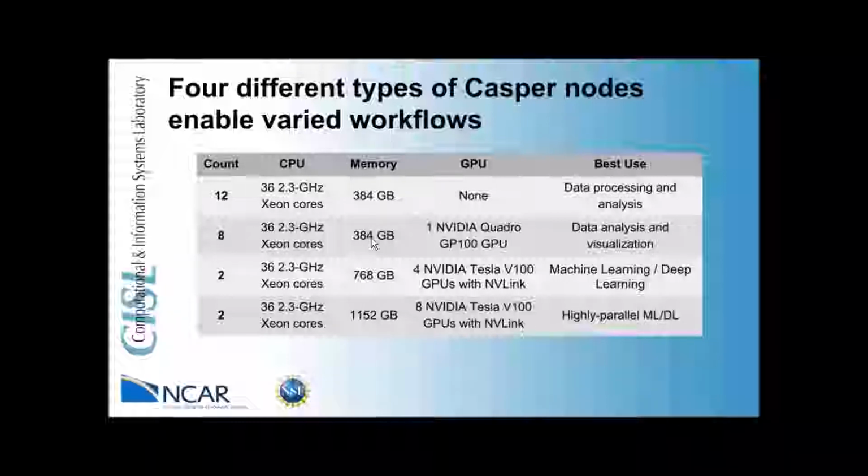But if you want a GPU, let's say you want to do some visualization, but you're not really doing number crunching or computation, we have these 8 nodes which look similar to these 12, same memory footprint, but they each have one NVIDIA Quadro GP100 GPU. And these GPUs are quite capable of rendering and doing some GPU work, but they're not as powerful as these 2 collections of nodes.